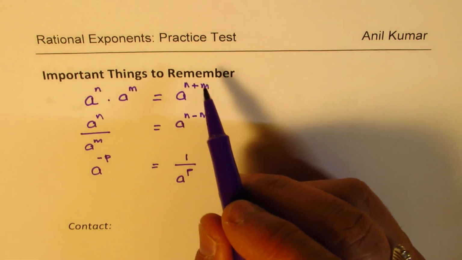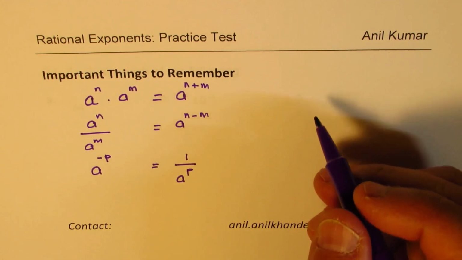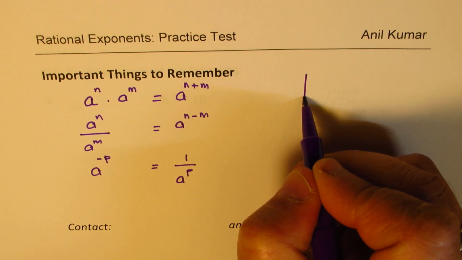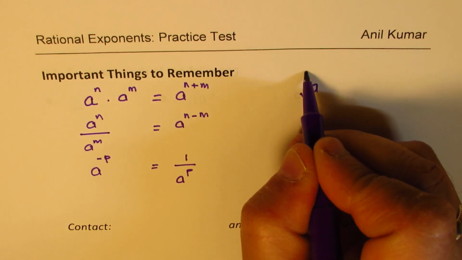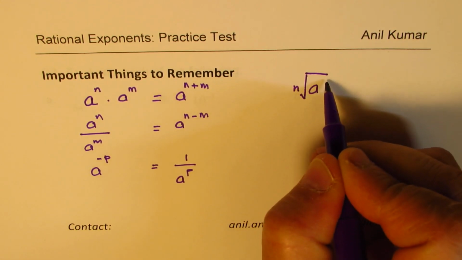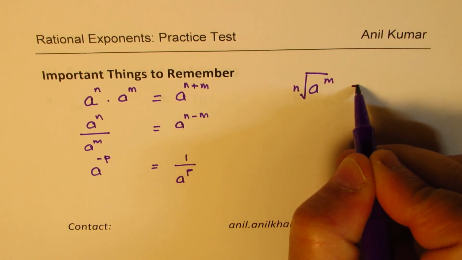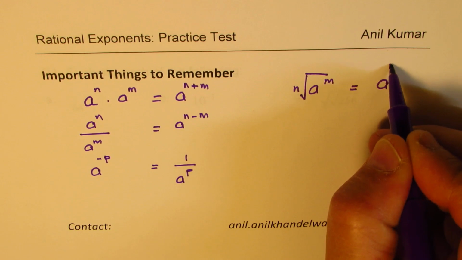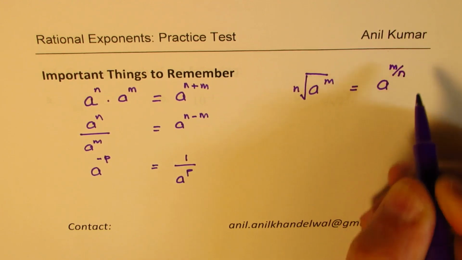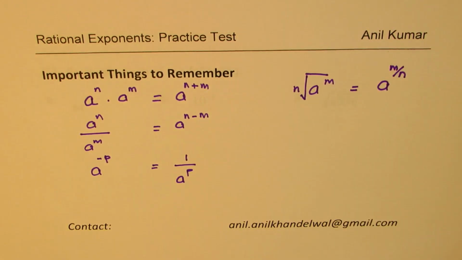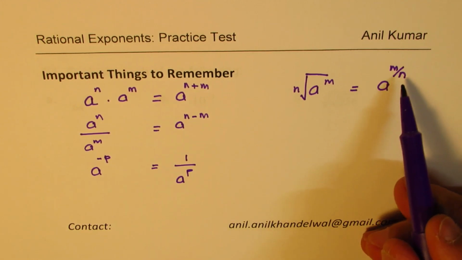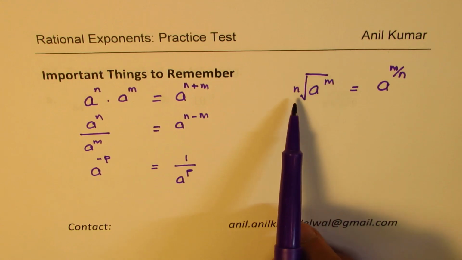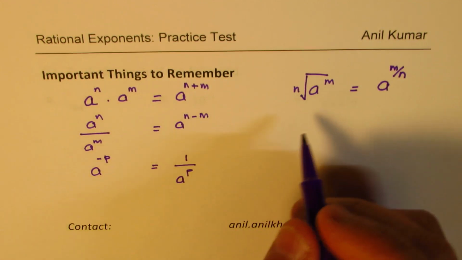Now when we talk about radical and rational exponents, sometimes we may have something like a with the nth root and m power. This really means a to the power of m over n. Do you see that rational part? Those are the type of questions which we are going to do.